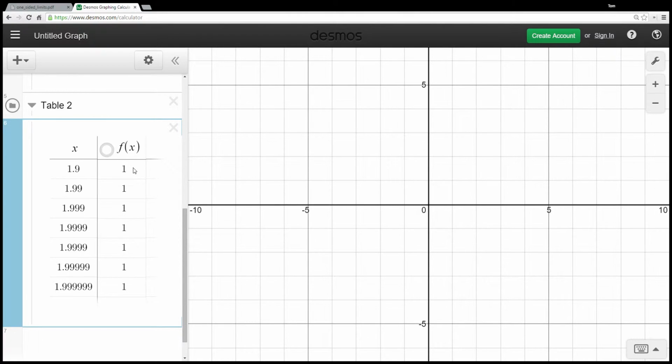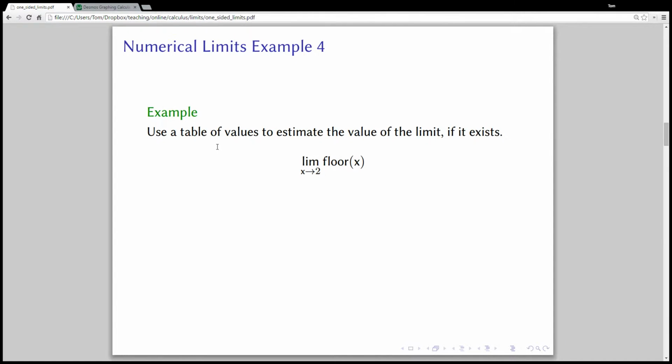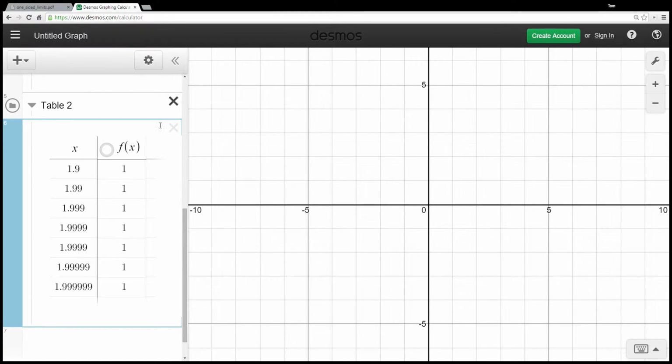We can see there is a definite pattern: the output values are all exactly equal to 1. So we would say that the limit as x goes to 2 from the left of the floor function is equal to positive 1. That's the left-hand limit.